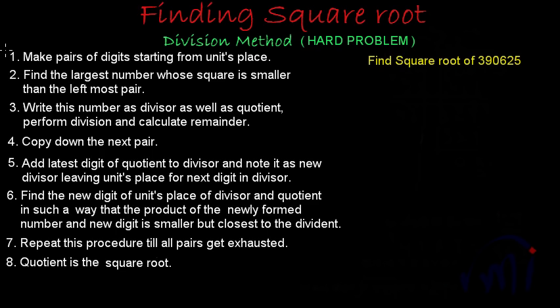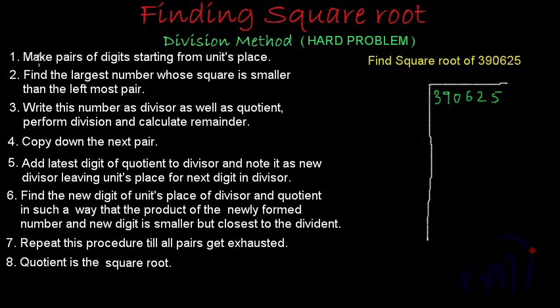Yes, here also I have noted down the whole procedure so that we can refer to it and follow the steps. So we want to find the square root of 390,625. So I'll again note it down. The number is 390,625, and I have to find the square root of this number using the division method.